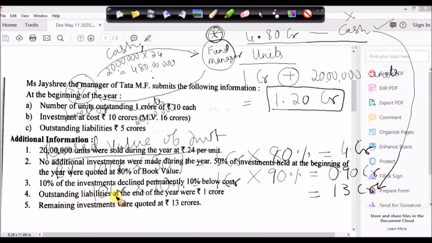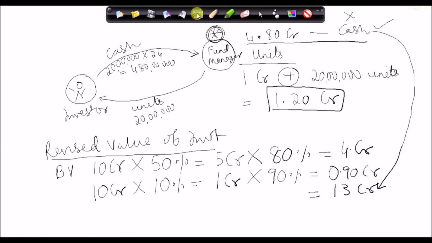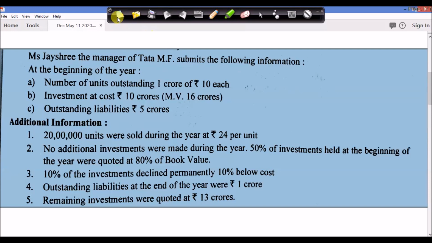Then we have outstanding liabilities at the end of the year, which is 1 crore. So now friends, we are in the position to find the net asset value at the end of the year. Now we are on the last part of the question.